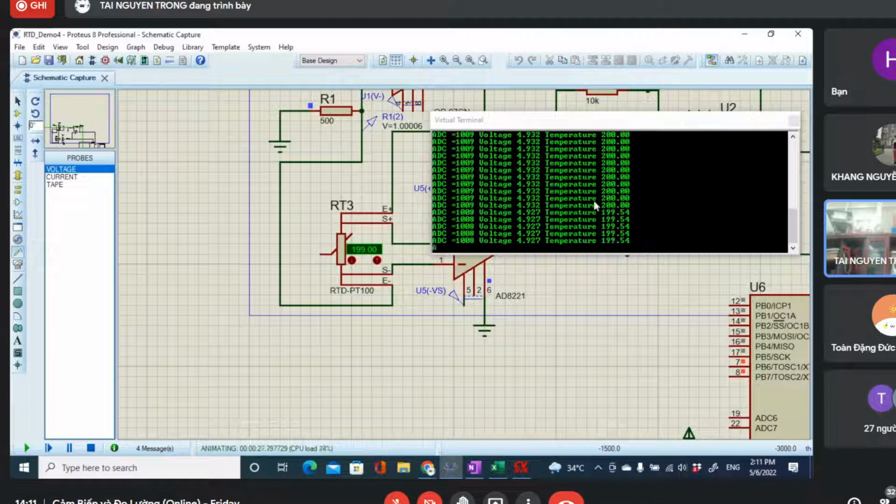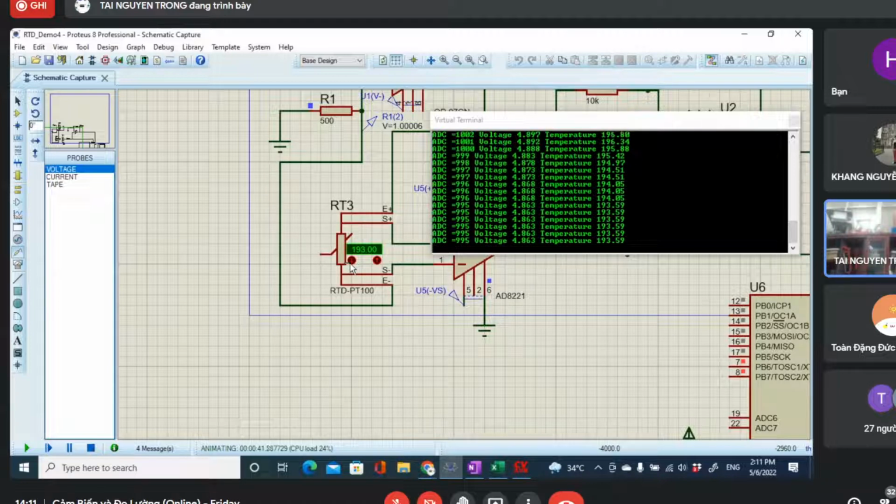Okay, and then we reduce check for changing. Here is the changes of the value of temperature. Okay, then reduce more. Here the result. Okay, and then we take reduce to 120.